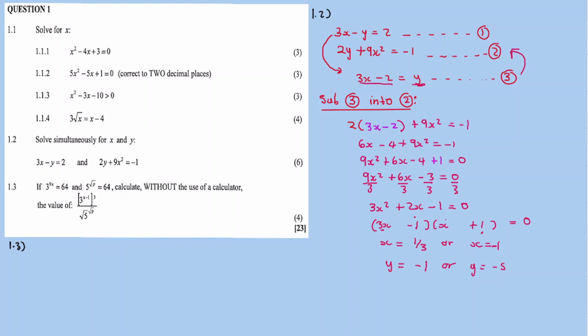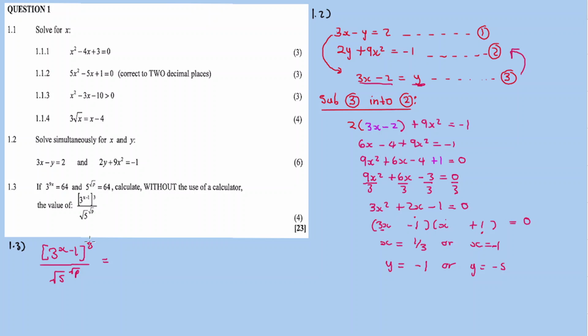Okay, I start with this expression, 3^(x-1) everything is raised to exponent 3 divided by square root 5 raised to square root of p. This is equal to, let us simplify the numerator again.